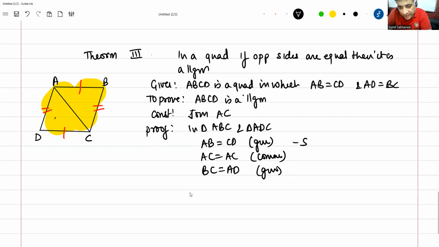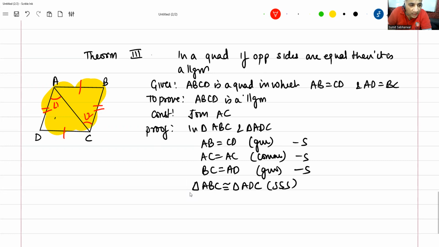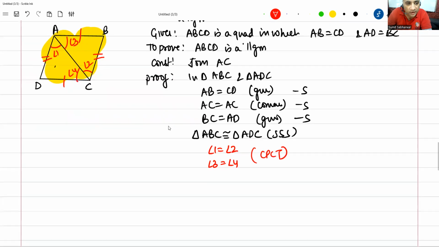So we can say that the triangles are congruent by which congruency? SSS. Now, since the triangles are congruent, you have the liberty of saying that angle 1 equals angle 2 and angle 3 equals angle 4 by CPCT, corresponding parts of congruent triangles.